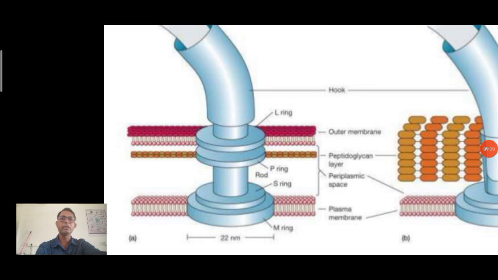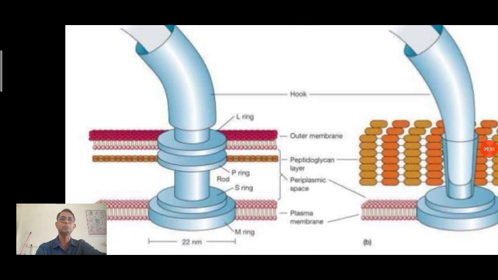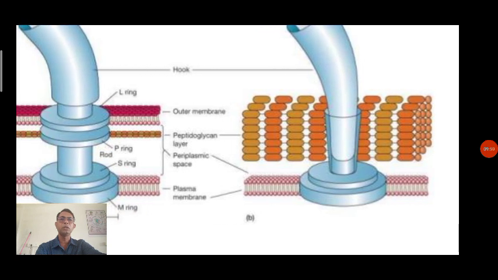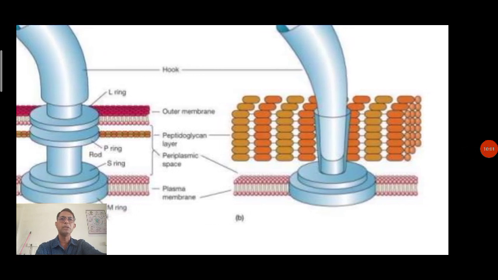The L ring you can see here is present in the outer membrane. Then the P ring is present in the peptidoglycan region. The S ring is present in the plasma membrane, and the M ring is also present in the plasma membrane. So these are the four rings which are present in the bacteria, and this particular structure you can see here.